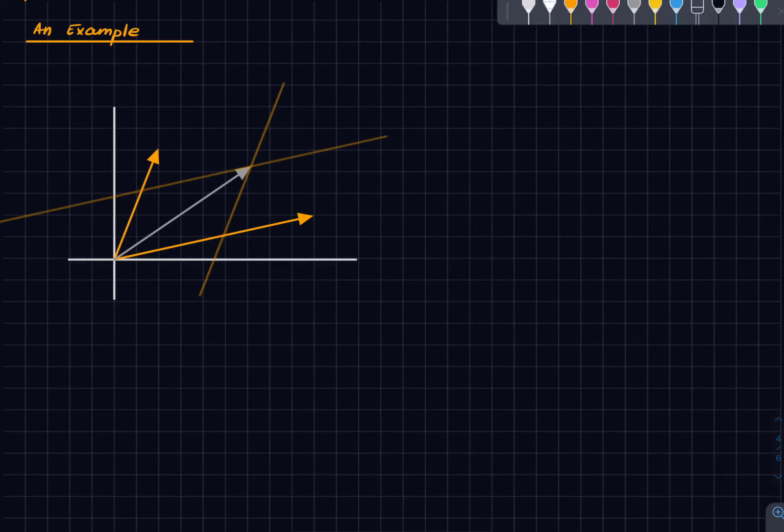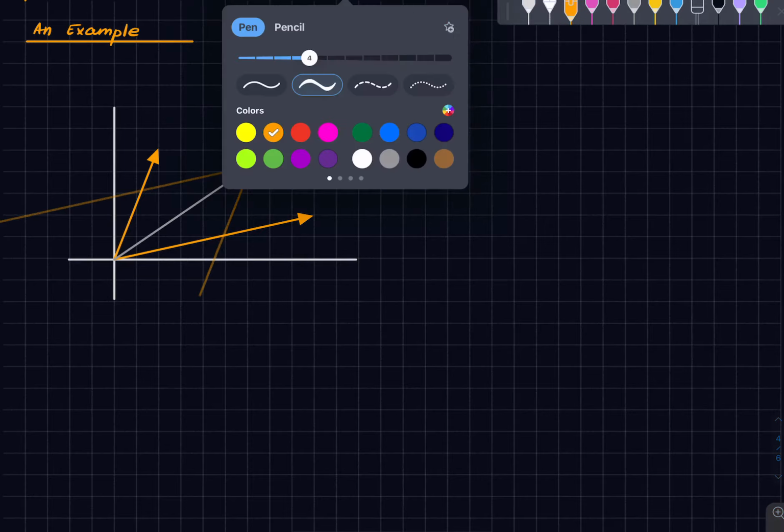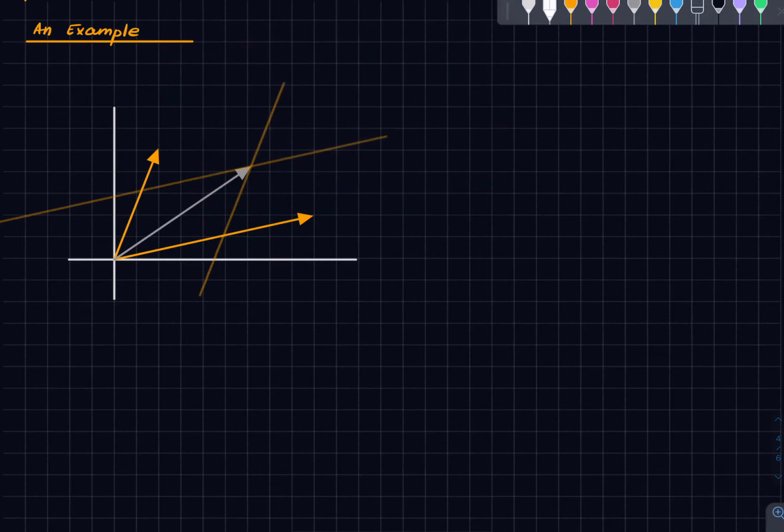So we have this vector, and we have that vector. And it is clear that this plus that is that.